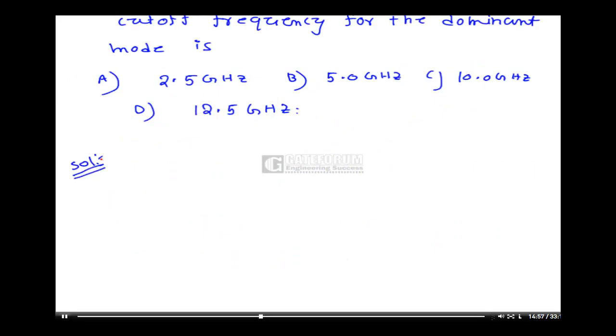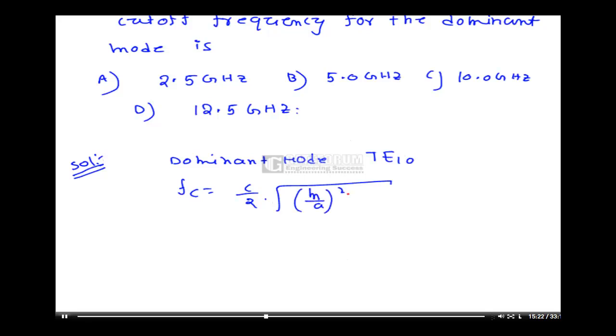Here they are asking for the cutoff frequency for the dominant mode. So we know that the dominant mode is TE10. What is the cutoff frequency? fc is equal to c by 2 times the square root of (m by a) whole square plus (n by b) whole square.